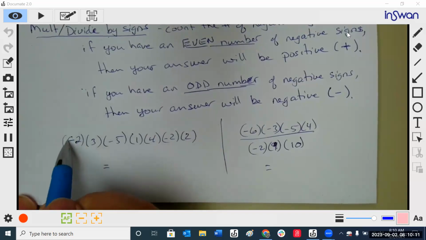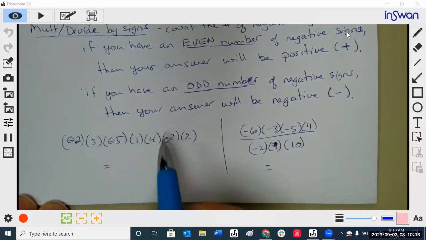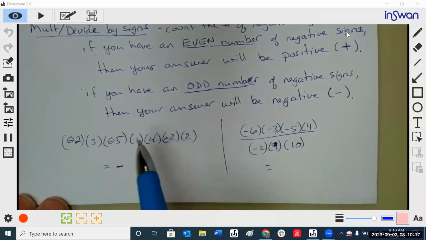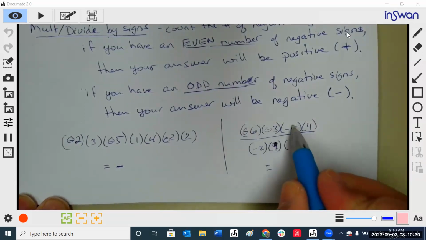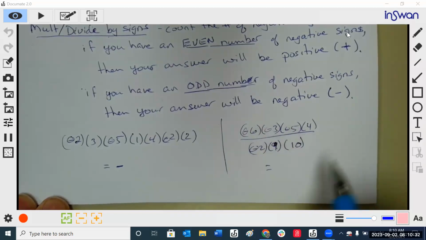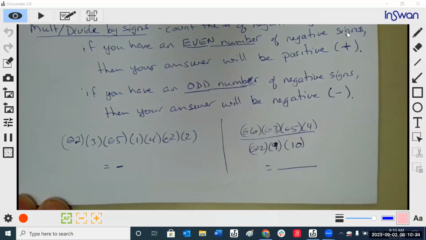Yeah, because we have 1, 2, 3 negatives. So the answer is going to be negative. Since they're all multiplied together, we don't have to worry about the signs anymore. We know the answer is negative, so we just worry about the numbers. Again, treat them separately. How about this one? Positive or negative? 1, 2, 3, 4. So it's positive. All the negatives cancel. So now we just worry about the numbers.